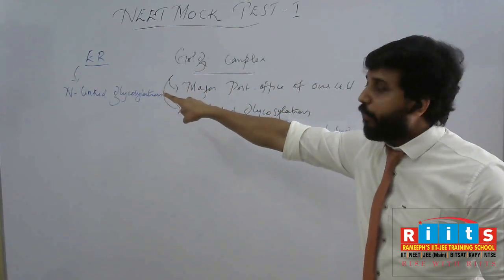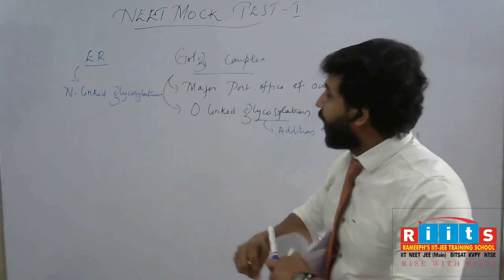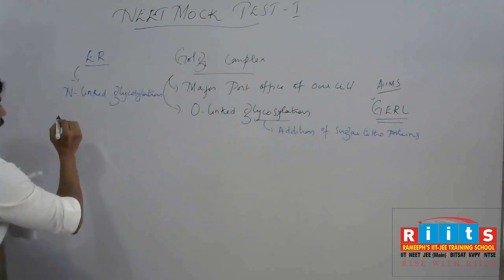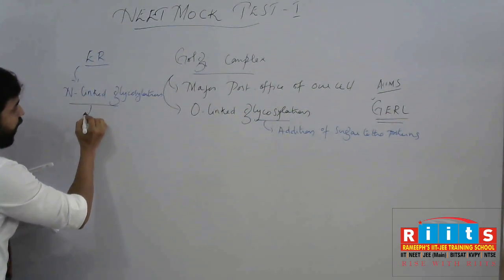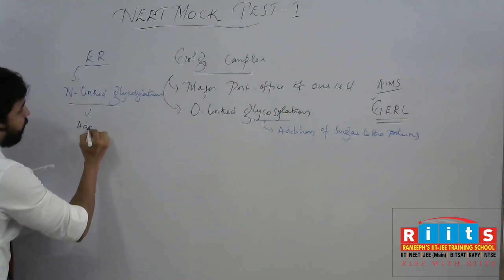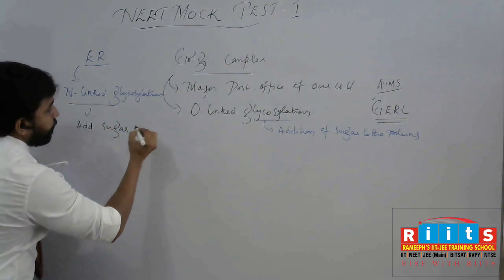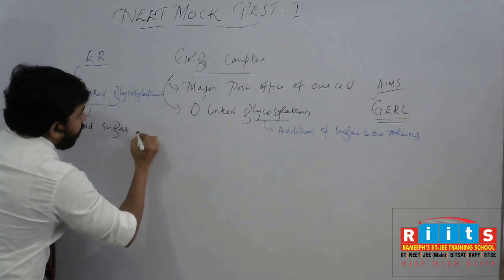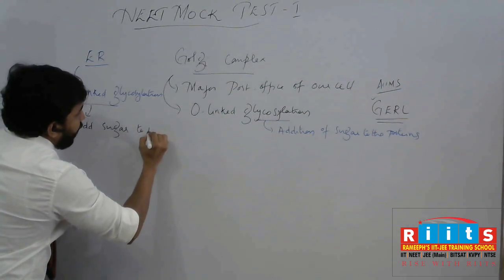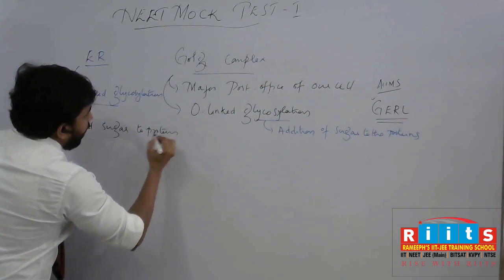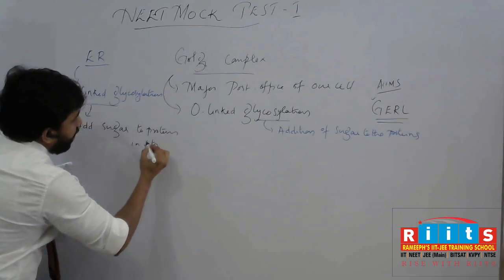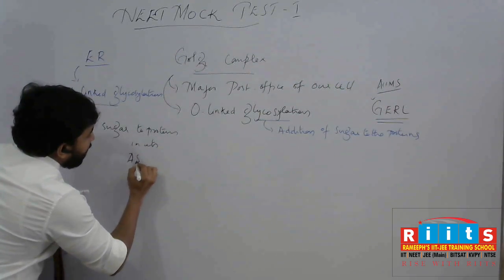Endoplasmic reticulum performs N-linked glycosylation. Here, in the endoplasmic reticulum, N-linked means it can add sugar to the protein in its asparagine residue.